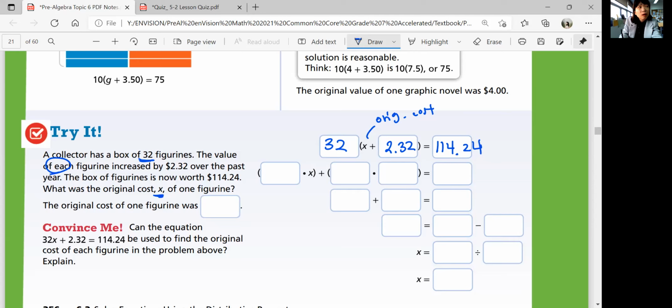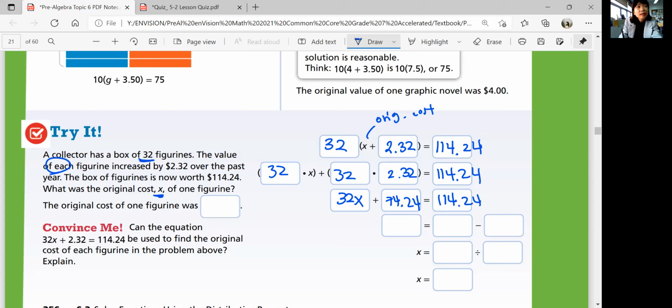Use the distributive property to distribute 32 out. 32 times X plus 32 times 2.32. And then you simplify that to 32x plus 32 times 2.32 is 74.24. And that's still equal to 114.24.